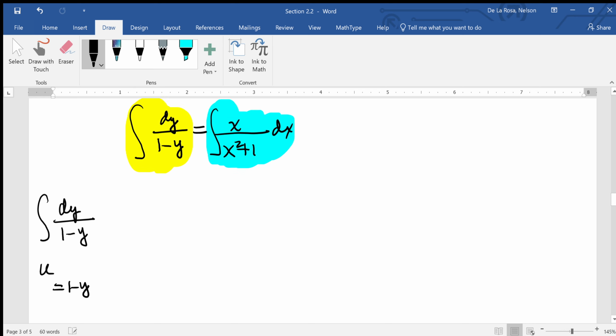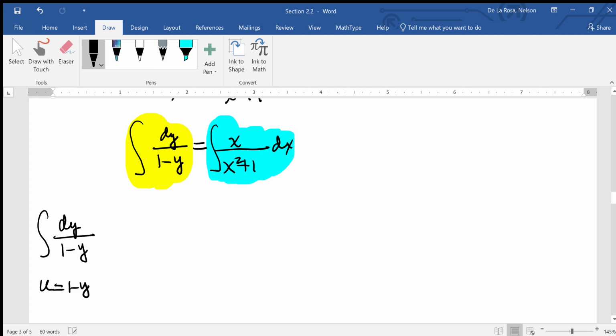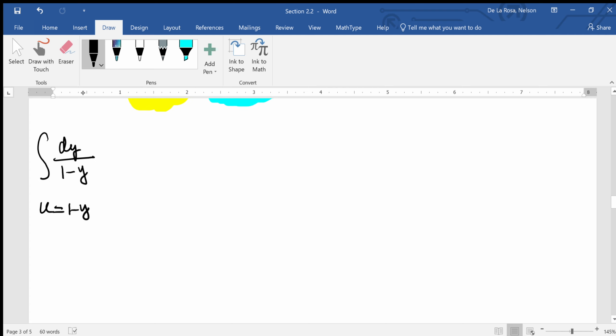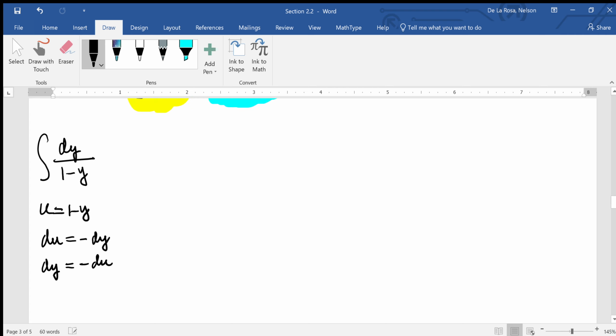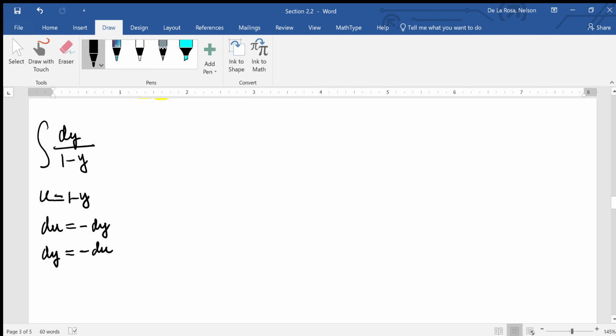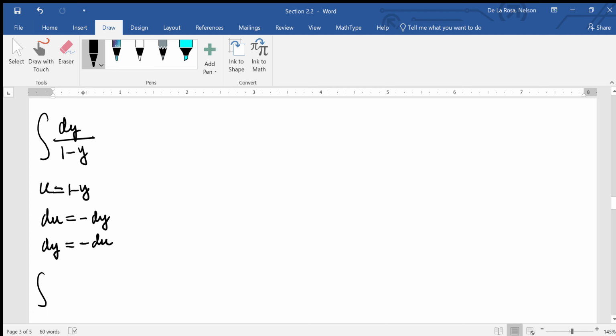Then du is equal to negative dy, then dy is equal to negative du. And then we replace this in the given integral. We're going to have the integral of negative du over u, right?